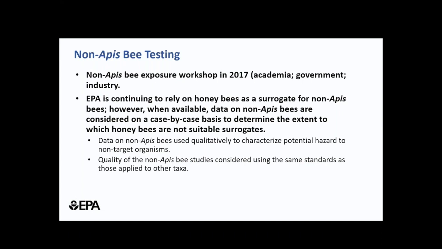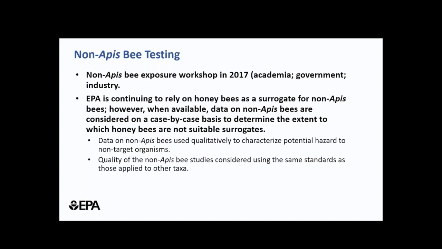When data are available for non-apis bees, EPA considers these data on a case-by-case basis to determine the extent to which honeybees are not suitable surrogates. Data on non-apis bees will continue to be used qualitatively to characterize potential hazard to non-target organisms.